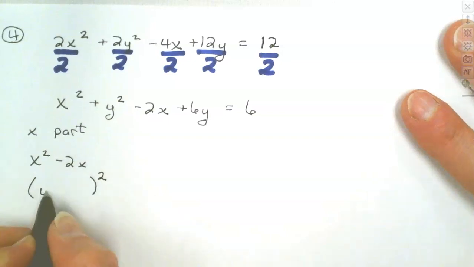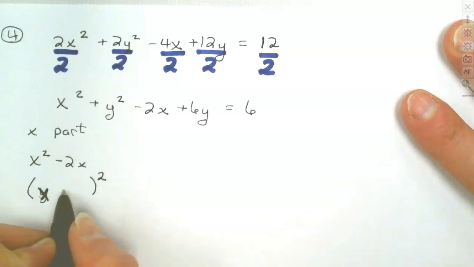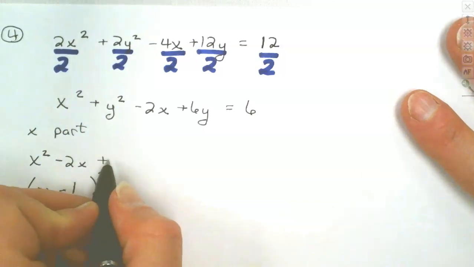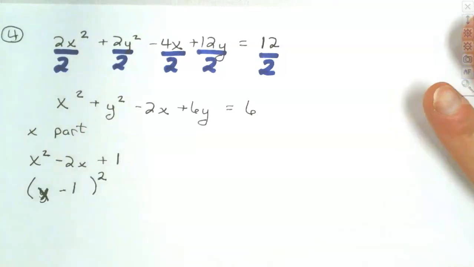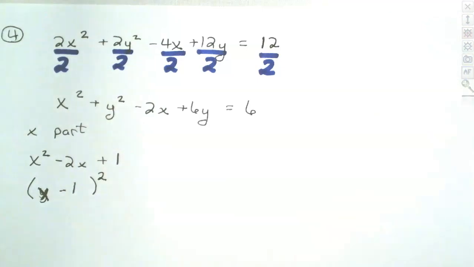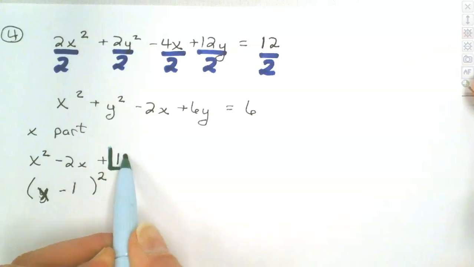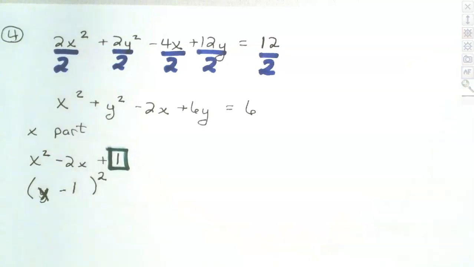So half of a negative 2, use the right variable here, it should be x here. Half of that negative 2 is a negative 1, and negative 1 squared is positive 1. So we need to keep track of that 1, because that 1 is going to have to be added back in.